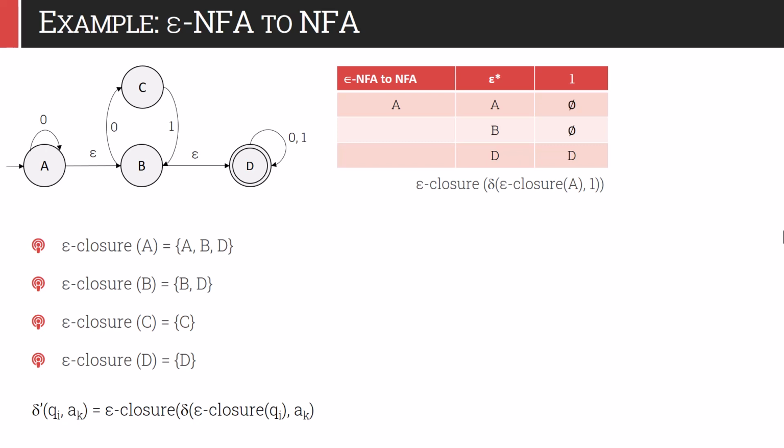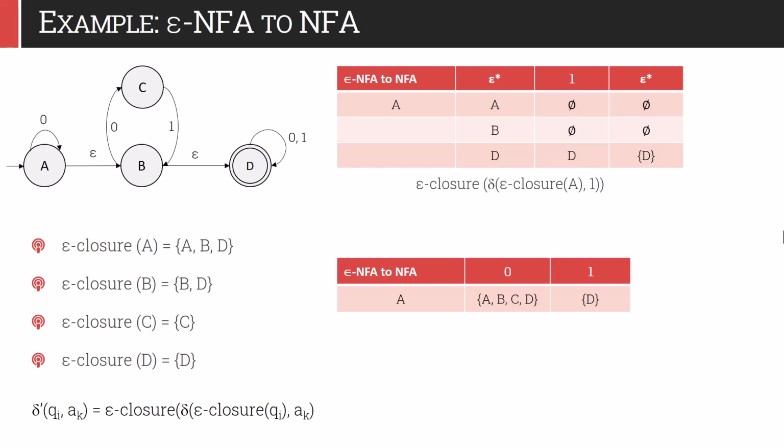Same is for B. And on D, if we read 1, we remain on the same state D. So the inner part is computed. Now we just have to take the epsilon closure of all these 3. Epsilon closure of phi would be phi, and epsilon closure of D is D. The union of this gives us the delta dash transition function for A comma 1. So that is just D.